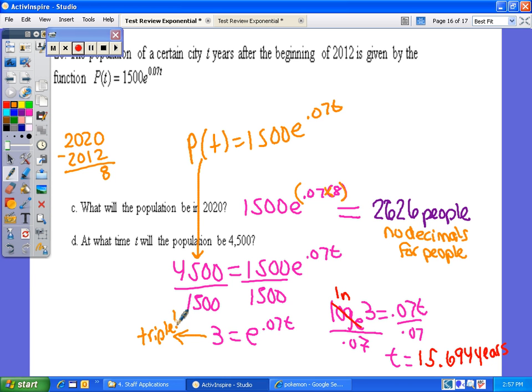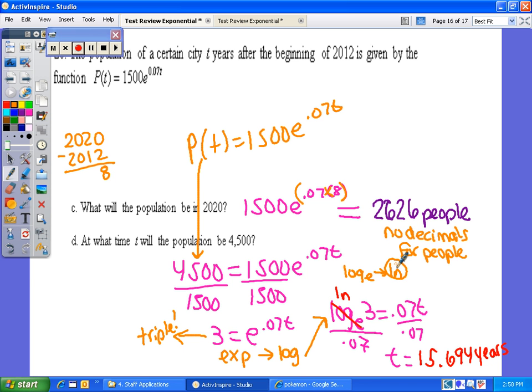Okay, so then you have to go from exponential to log. So we have log base e, because it's the same base, and then just switch these 2 places. 3 goes next to the log, and 0.07t comes after the equal sign. And now I'm going to change my log e to ln, because remember, your calculator does not have a log e button, but it has a ln button.